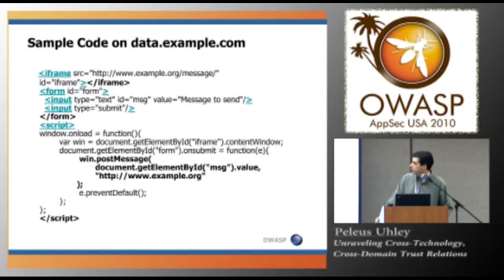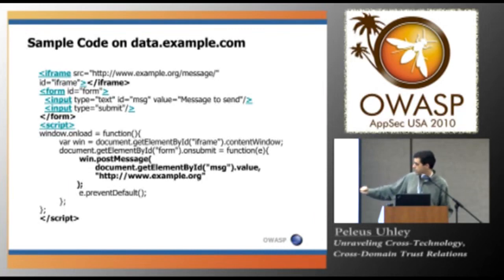So the way the code looks is you'd have, let's say, a form where you collect some information. You want to be able to post that to the child iframe. The bold section down here where it says window.postMessage, all I'm doing is I'm getting the element for the message value, and I'm sending it to the iframe. So it's a very simple call.